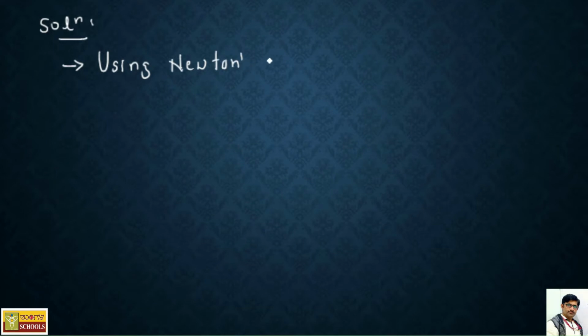Solution. What they asked for is the force of the nail on the hammer. So, using Newton's second law of motion, that can be written as F is equal to ma.